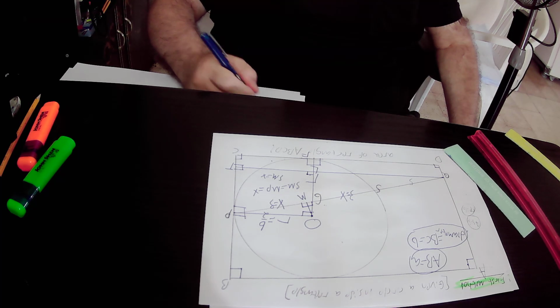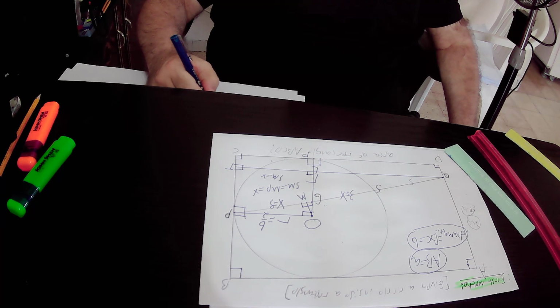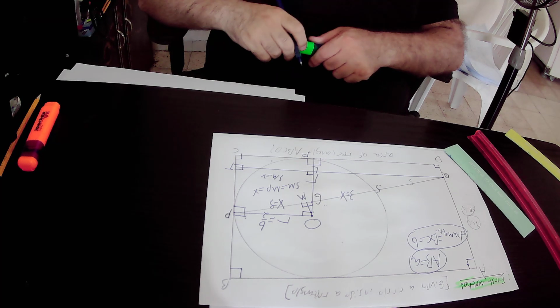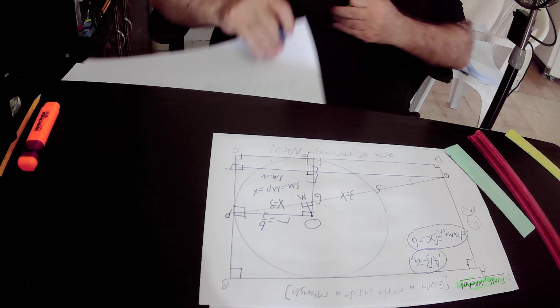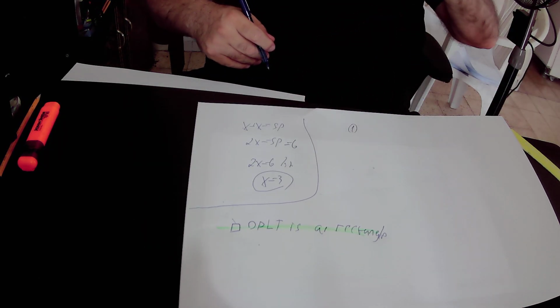Why? Because it has 4 right angles. I'll repeat again: quadrilateral OPLT is a rectangle because it has 4 right angles.